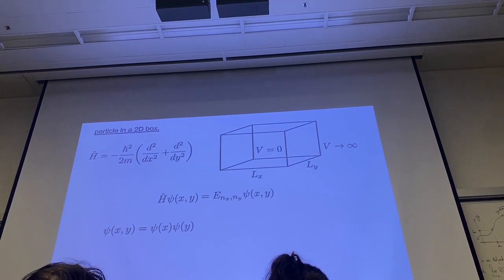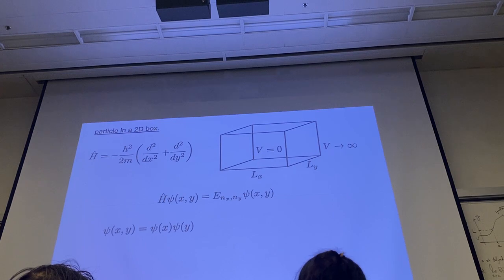The total wave function is a function of x and y, but it is composed of two functions, where one runs along x and the other along y. Little psi x and little psi y have exactly the same shape as the one-dimensional solutions.